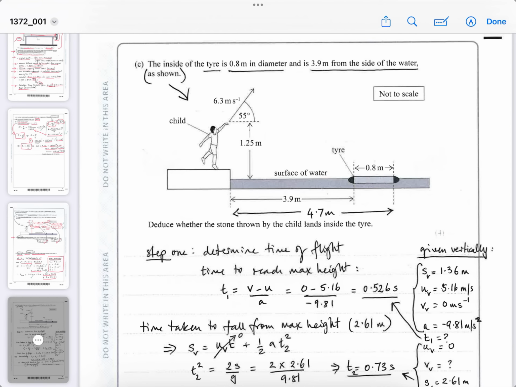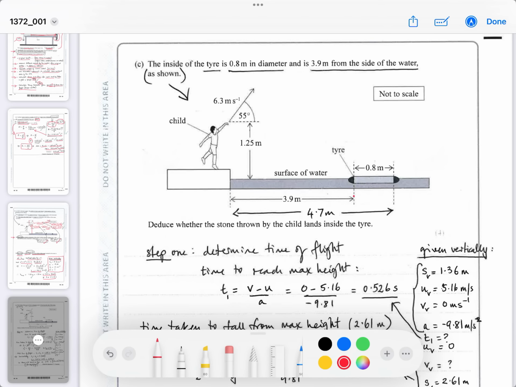So the child who's throwing it must throw it so that the horizontal displacement it travels must be between 3.9 and 4.7 meters for it to have a chance of landing in the tyre. So the minimum distance horizontally is 3.9, and it shouldn't be thrown more than 4.7 meters for it to land in the tyre. So deduce, it says, work out whether the stone thrown by the child lands inside the tyre.